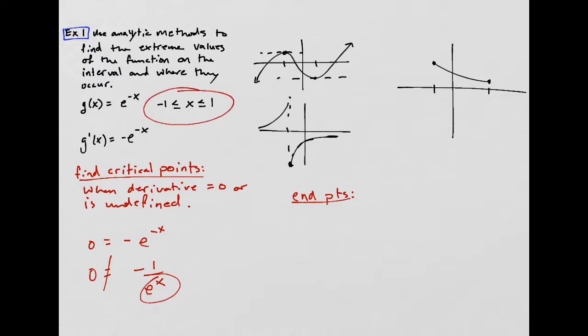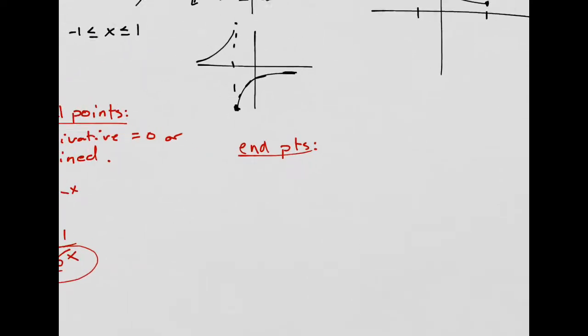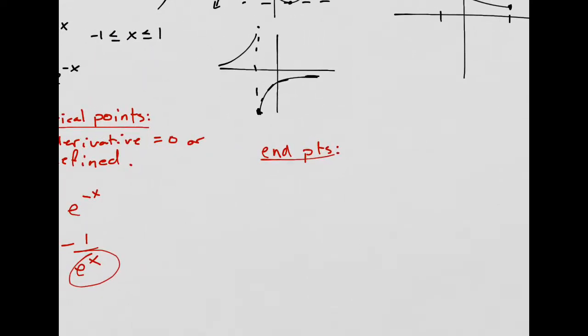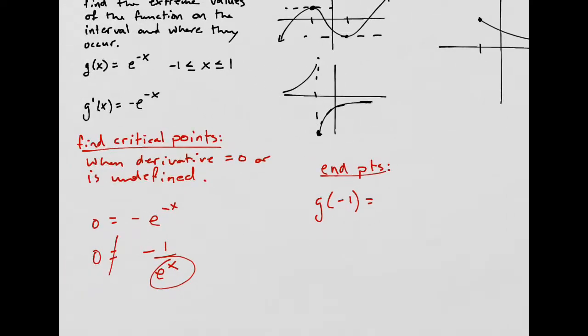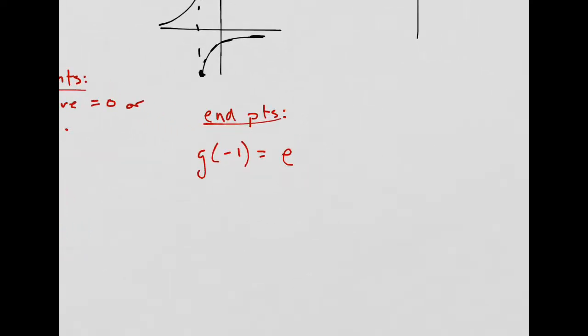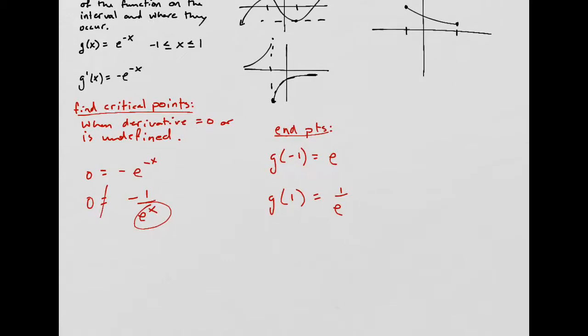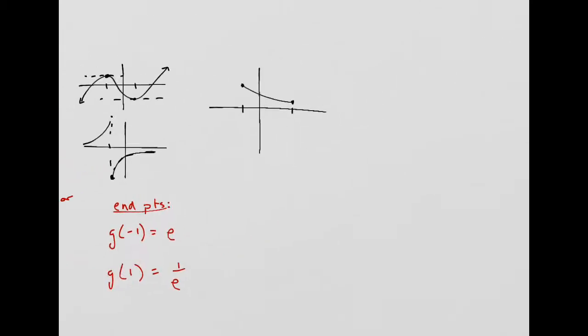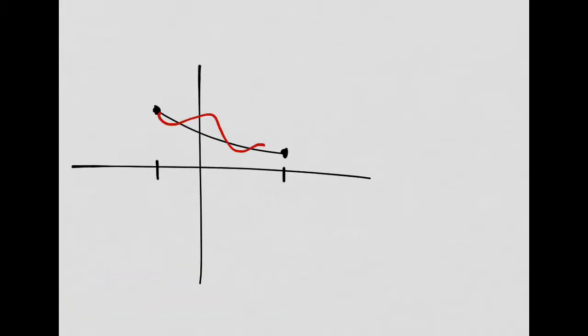I already know that this is my interval, so my endpoint would be g of negative 1. And that would be e, which is like 2.7 something. And then g of 1 would equal 1 over e. And I know that there's no fluctuation in between, so this has to be the highest point and this has to be the lowest point.